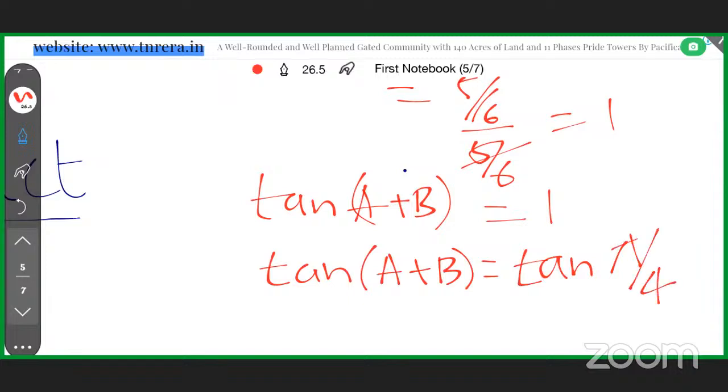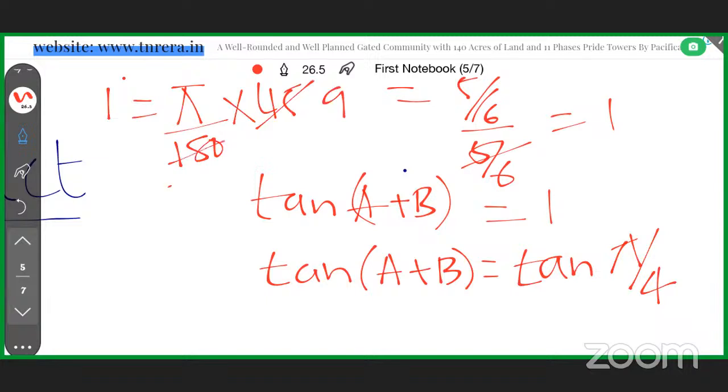How do we know that? 1 degree is equal to pi by 180. So I want 45: 5 threes are 15, 5 nines are 45, and 4 nines are 36, so 45 degrees is equal to pi by 4.